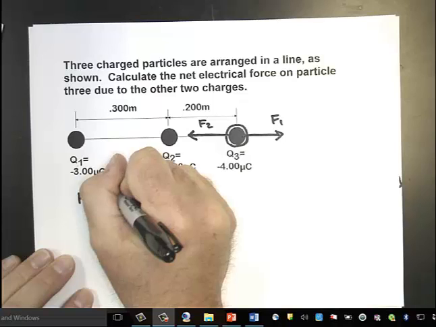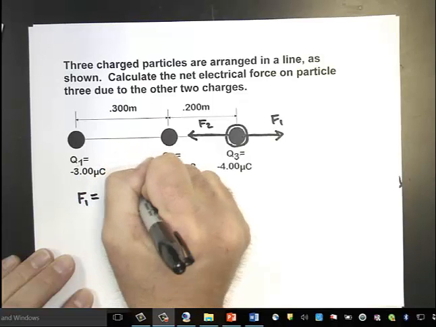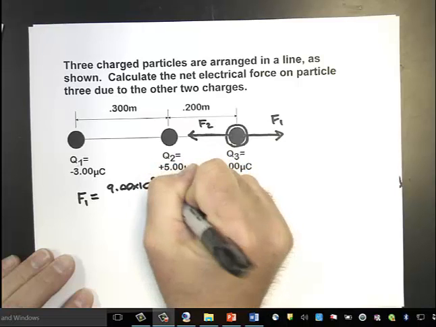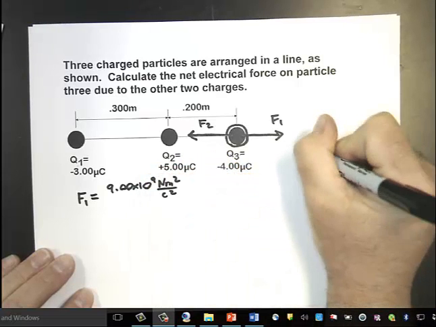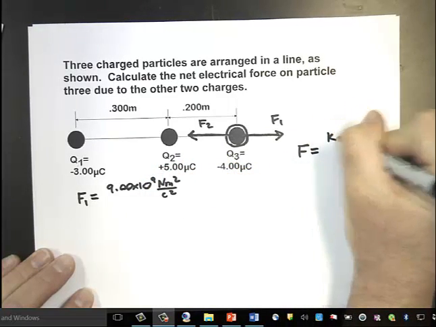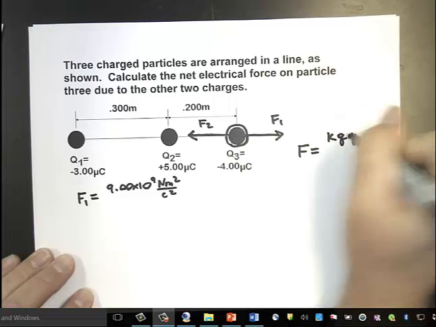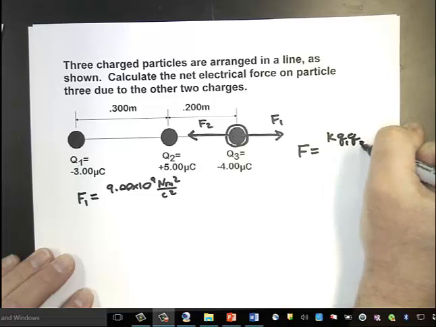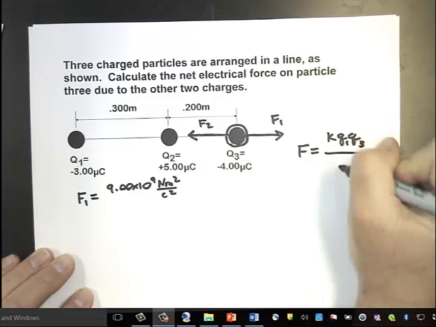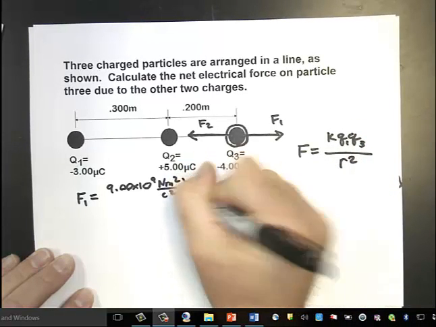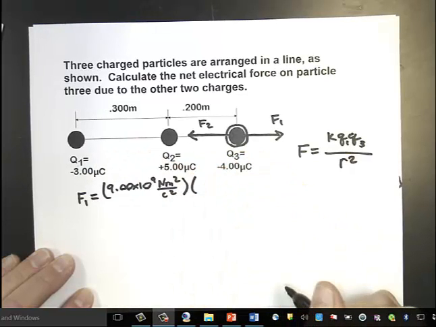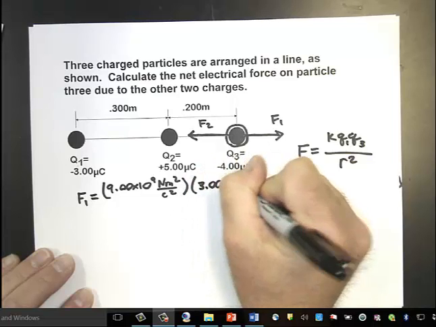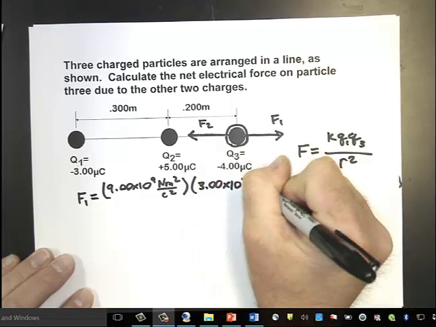F1, 9 times 10 to the 9 Newton meter squared per Coulomb squared. Again, I'm using the equation. Okay, 2 charges. In this case, it's charge 3 and charge 1. Okay, over R squared. So I've got my K, I've got charge 1, which is 3 times 10 to the minus 6 coulombs.